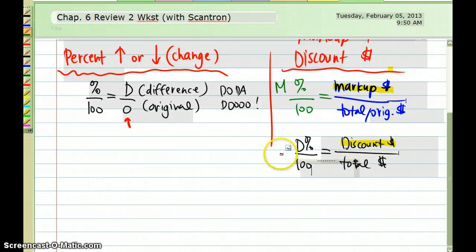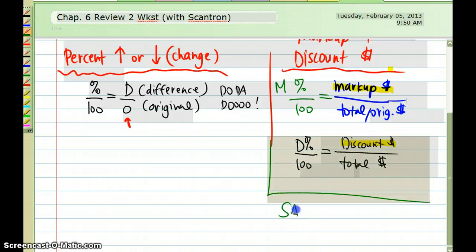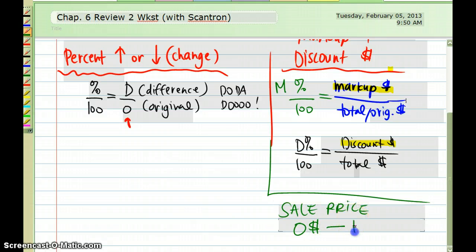Now if they ask for the sale price, make sure that you take the original price and subtract your discount price to get that amount: your original minus your discount price. I know I'm abbreviating here.